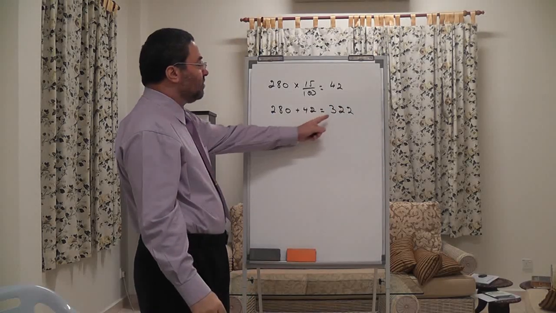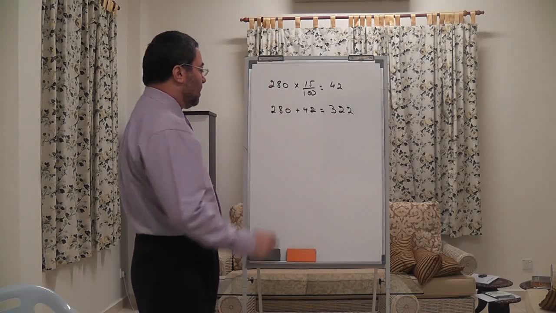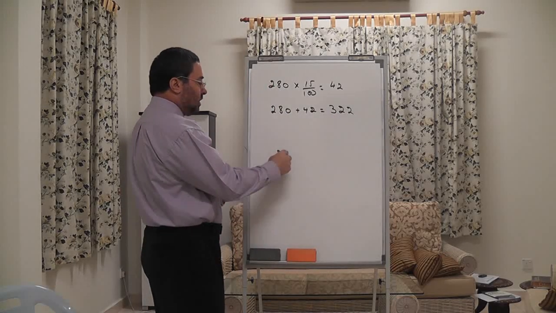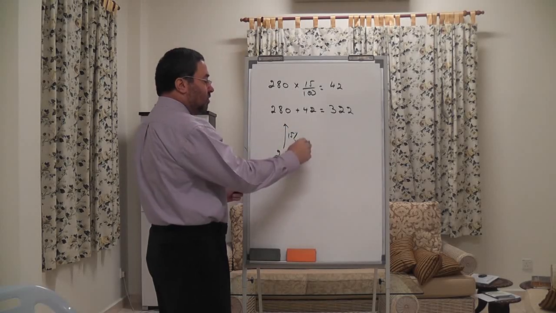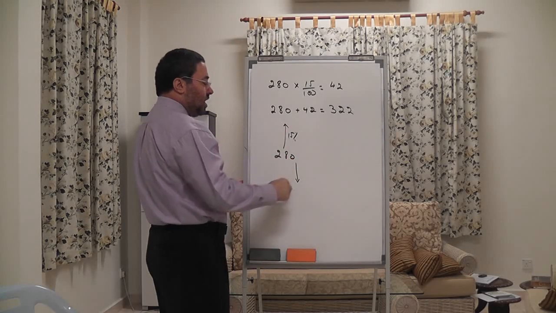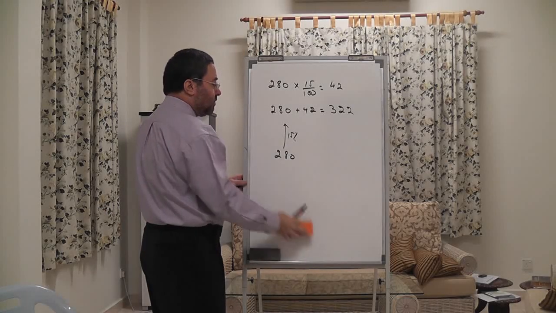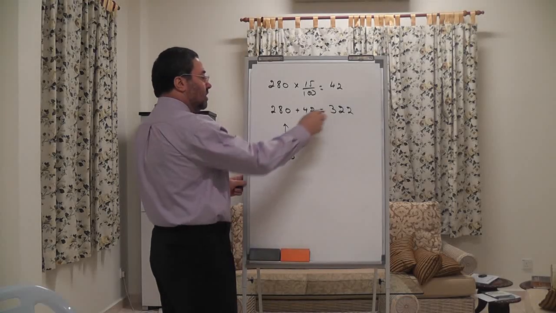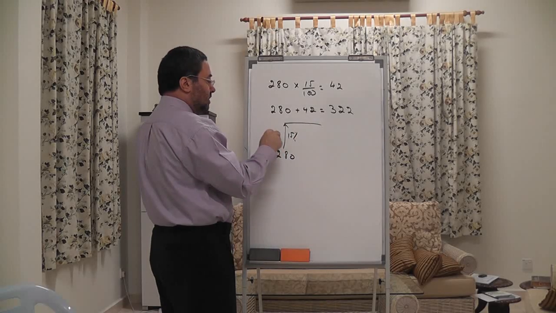Now he went down 15% of this number, not of that number. If he started at 280 and went up 15% and went down from 280 15%, then the up and down would be the same. But now 15% of 322 is going to be more than $42.